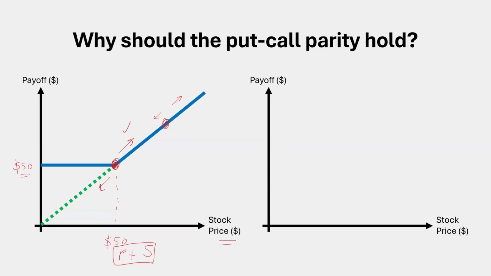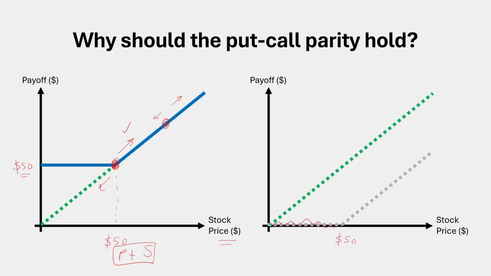So this is an alternative strategy. So again, let's say I would like to limit my downside risk. But now, instead of actually buying the stock itself, I will buy a call option on the stock. So this is the call option payoff, right? Again, this is the strike price. So let's say 50.